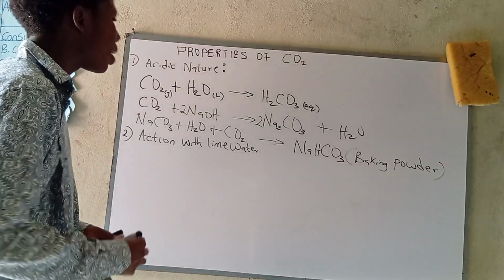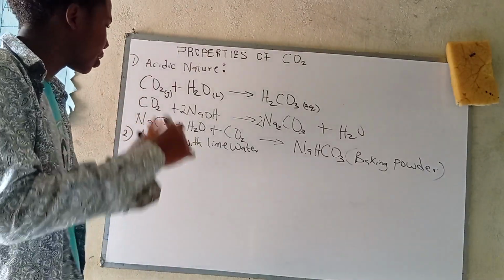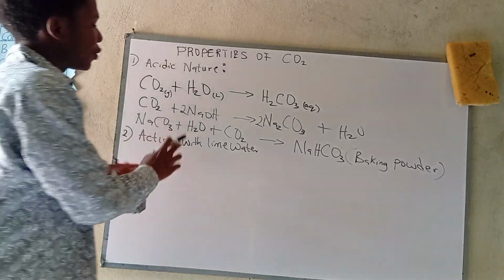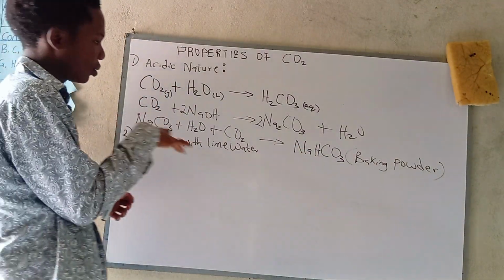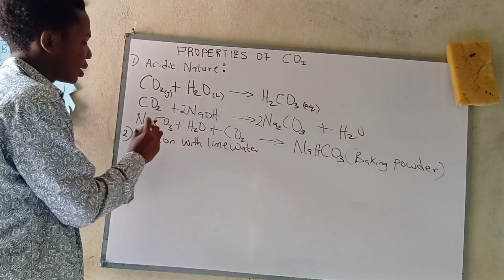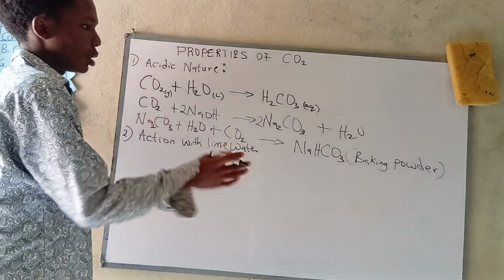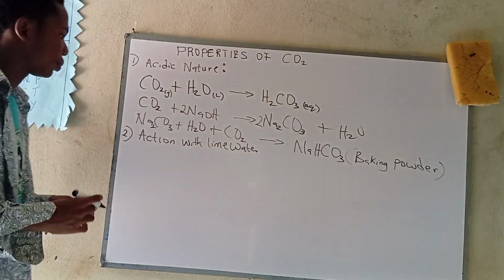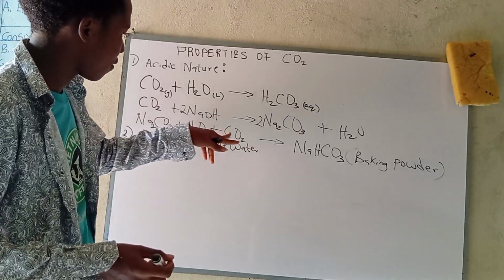Alright, so from the look of things, we can observe that this equation is still not balanced, because we have two hydrogen here, one hydrogen here, and two sodium here, one sodium there.